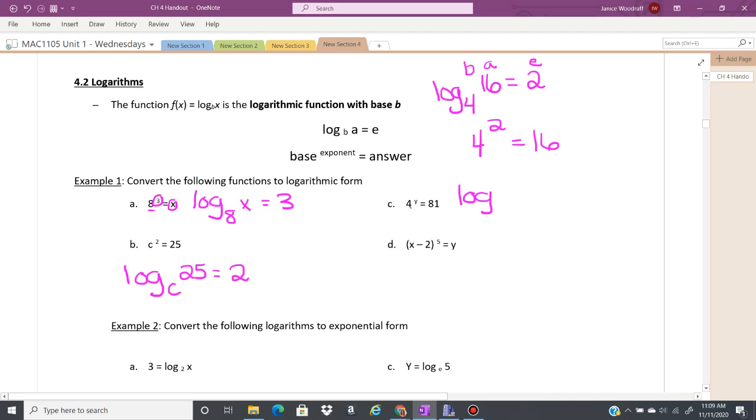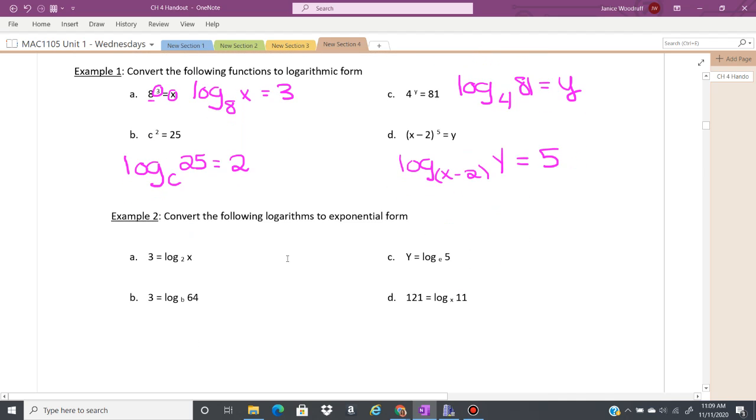So log base 4, answer 81, exponent y. And then D, log, our base is x minus 2, our answer is y, I'm going to put that in parentheses there, and then our exponent is 5. So you're just rearranging it to be written in the proper form.